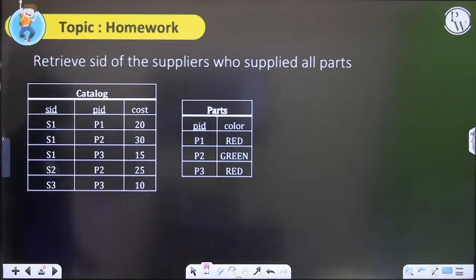So let me explain how exactly the division operation will be performed.